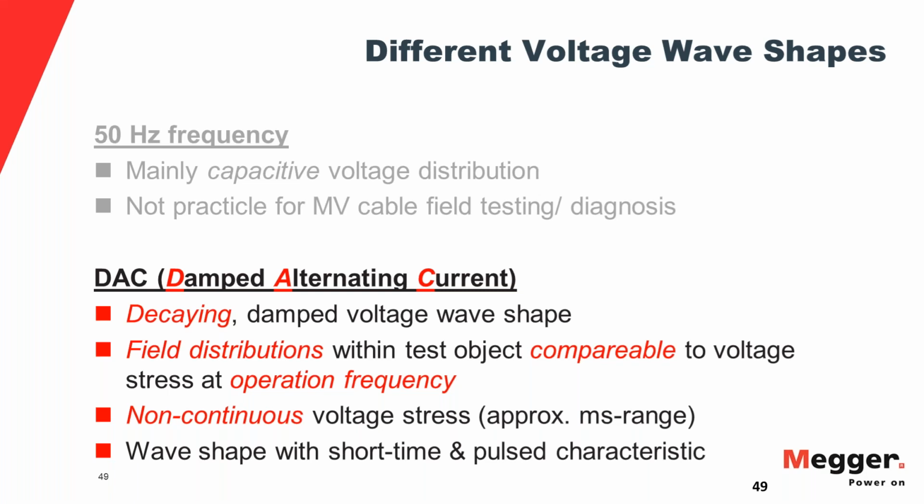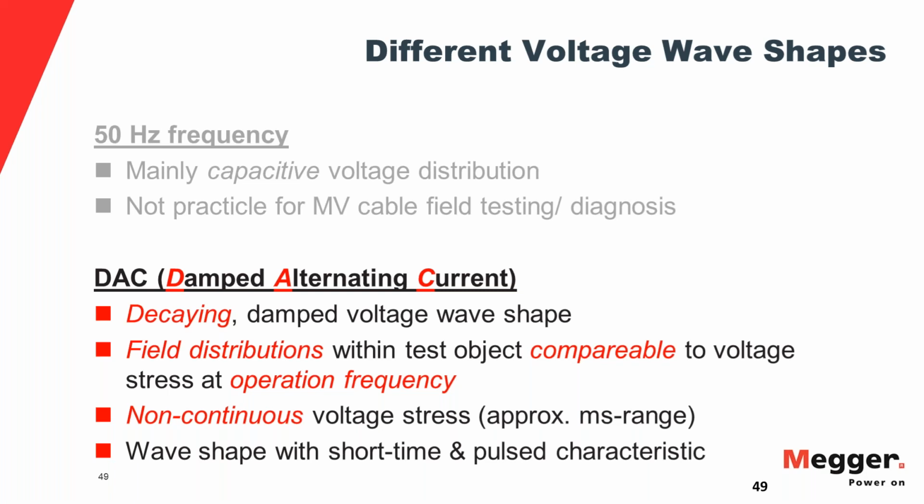So the first voltage waveform that was established as a diagnostics waveform in transmission and now migrated to distribution is damped AC, DAC, or oscillating wave voltage. It's a decaying dampening voltage, starting at a peak, and then after 200 milliseconds or something, the shot is gone.